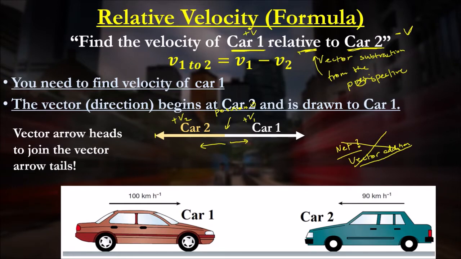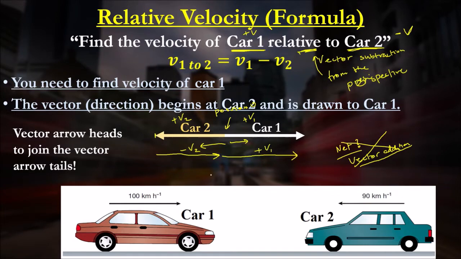Let's just assume the original position the cars are moving is their positive position or their positive motion. So what happens here? Car 2 going back this way, that will be negative v2, and it connects to the car 1's line, which is v1.